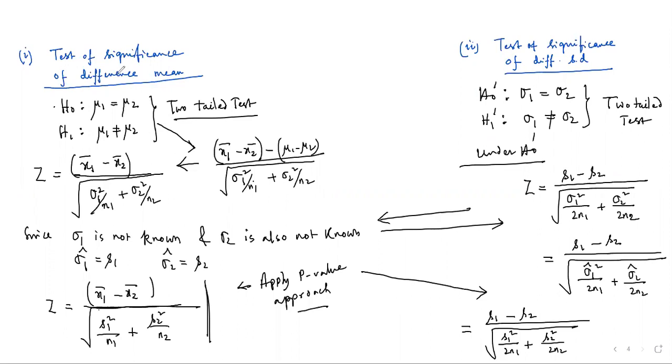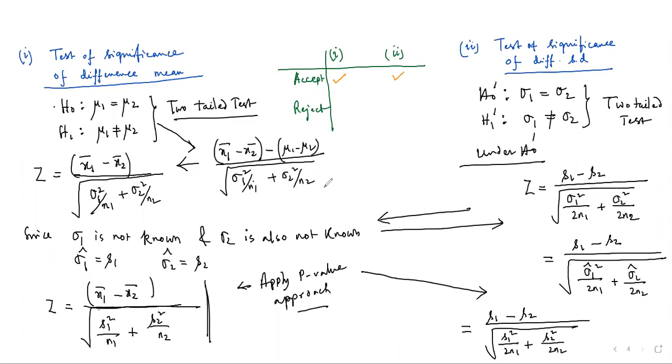So what are the situations that you can obtain from here? We have these two cases, 1 and 2, accept and reject. What results can be obtained from here? We may accept 1 and accept 2 also.